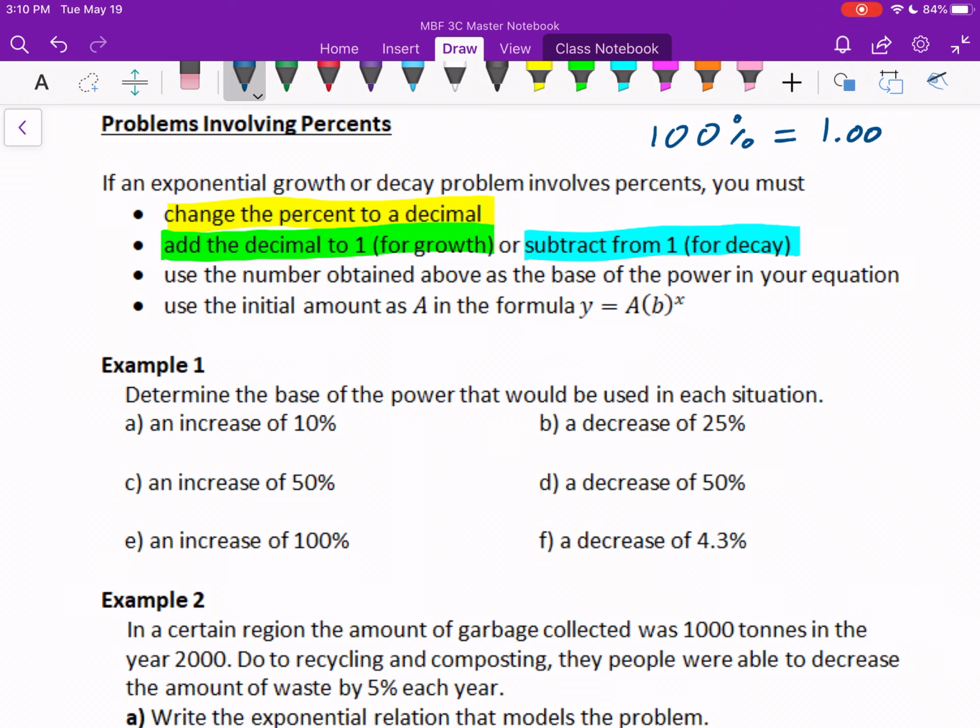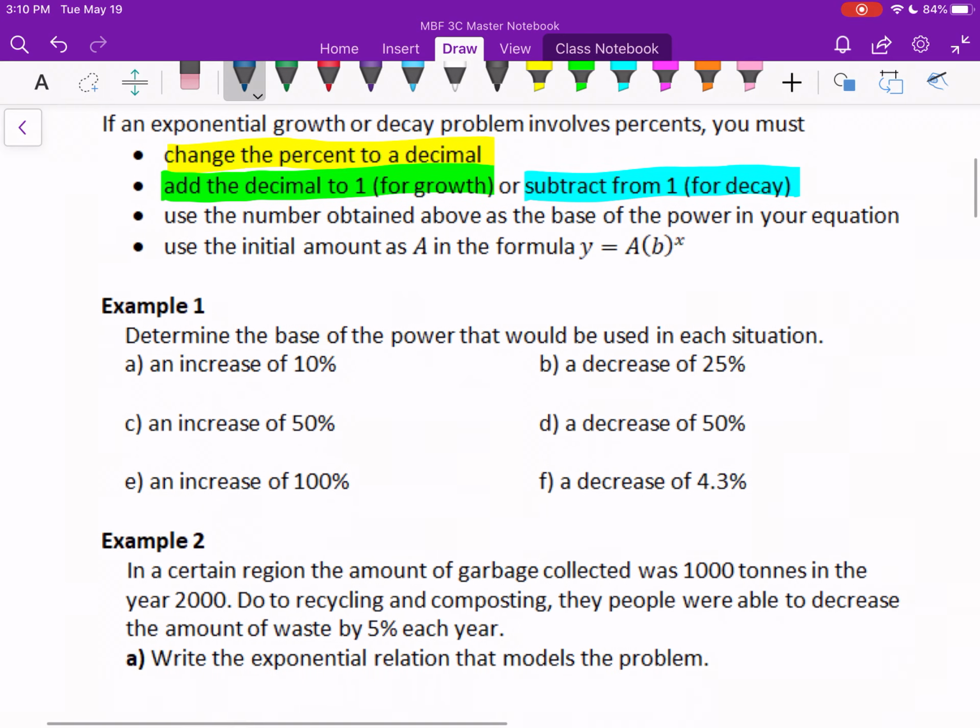So if I wanted 10% growth, I'd change that to a decimal, 0.1, add it to 1. So 110% would be 1.1. Or if I want something to get smaller, say I only want something to be 90% of what it was each successive year or day or whatever the time period is, then I'd subtract that decimal from 1. You'll see this in an example.